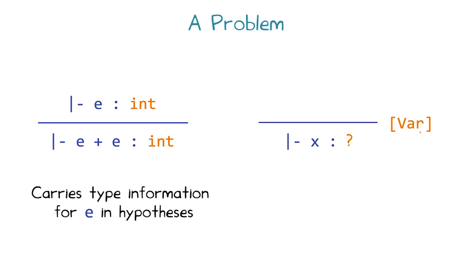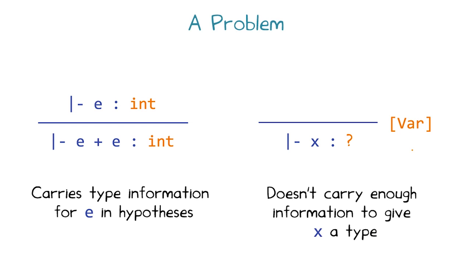Now, we also want to apply typing rules for variables. However, if we try to axiomatically define X's type, we find that the axiom has no way of carrying the type information for X, and we don't want to impose a rule that all variables must be of a single type. Moreover, we can't provide type information via hypotheses because these hypotheses must eventually be derived from axiomatic statements.